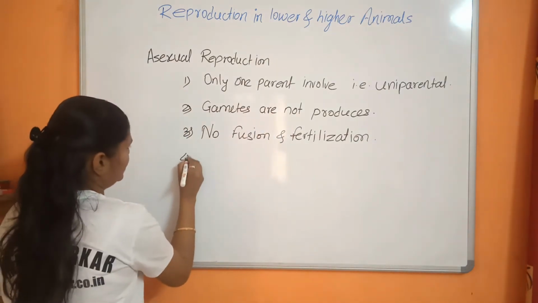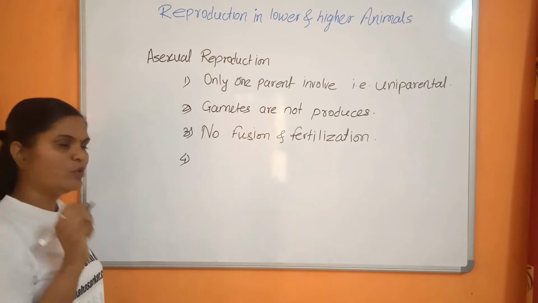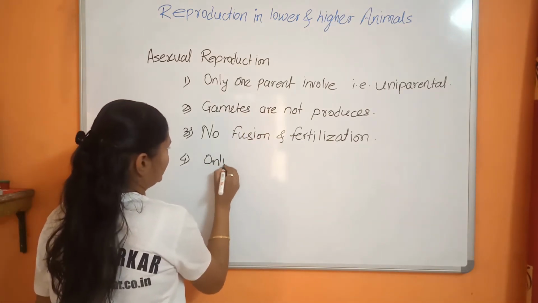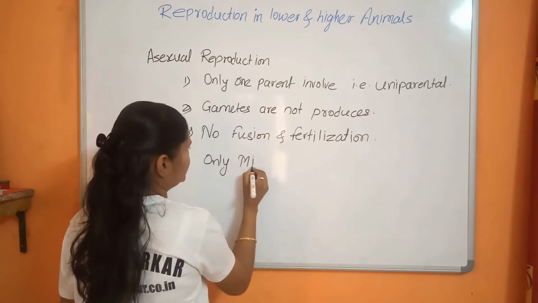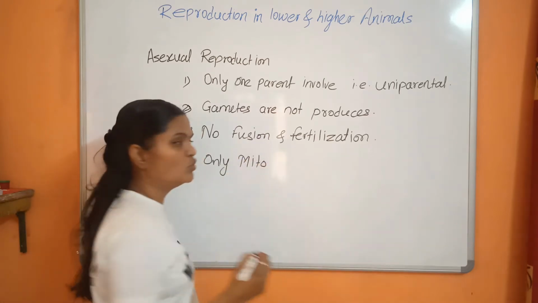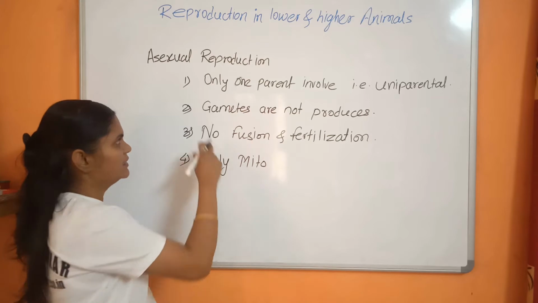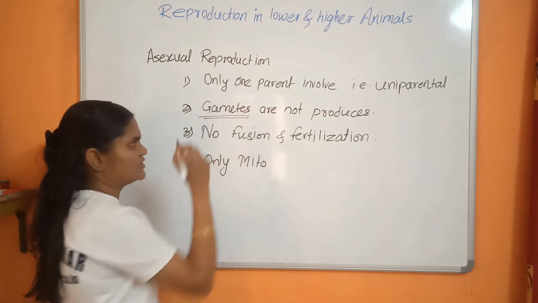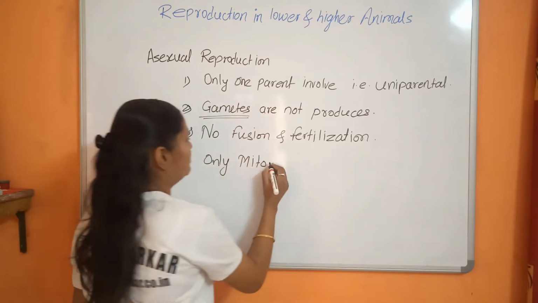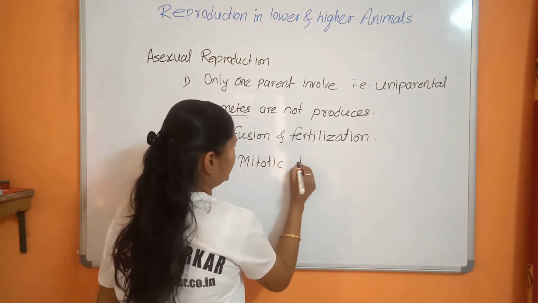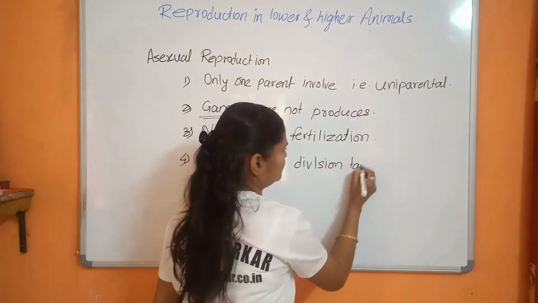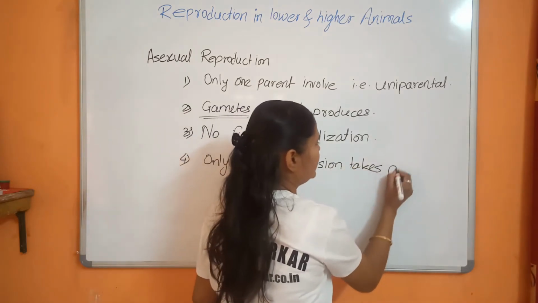And only mitotic type of cell division takes place. There are two types of cell division, but in asexual reproduction there is no formation of gametes. That's why only mitotic division takes place.